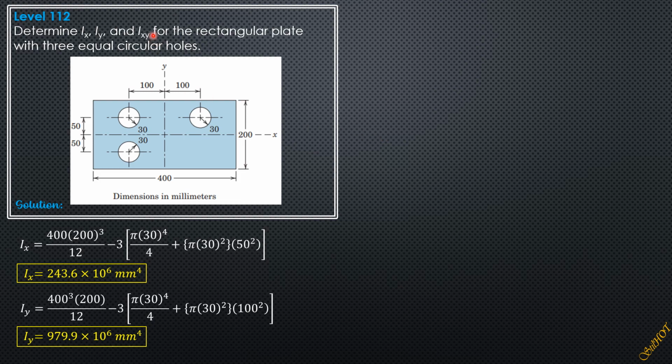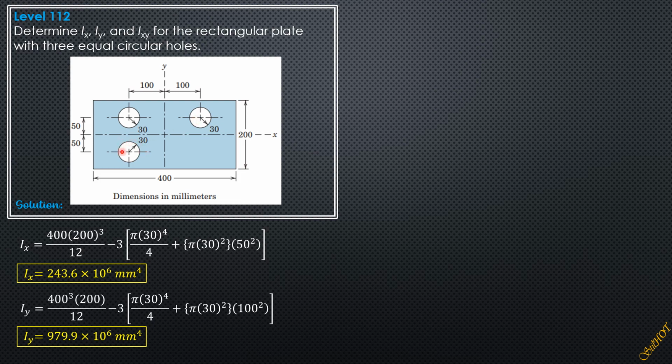Then finally, the product of inertia with respect to the xy axis. For the rectangle, it is 0 because both the x and y axes are axes of symmetry. Then minus, supposedly, 3 times the product of inertia of the circles. But since two of these circles are symmetrically placed about the y-axis, they will just cancel the effect.